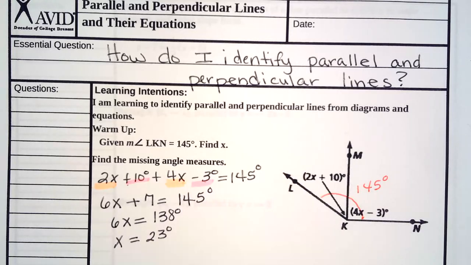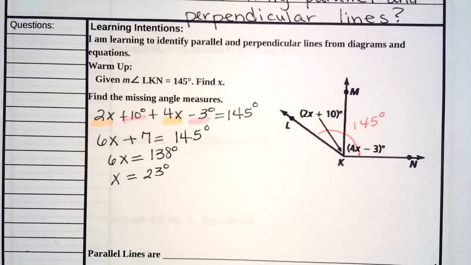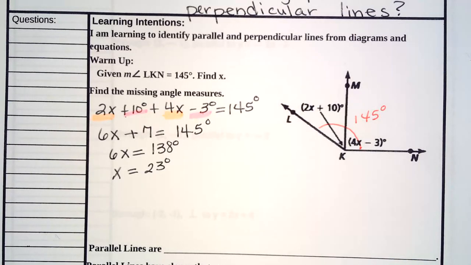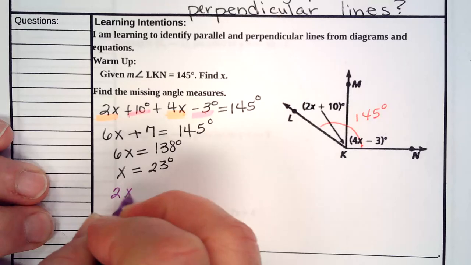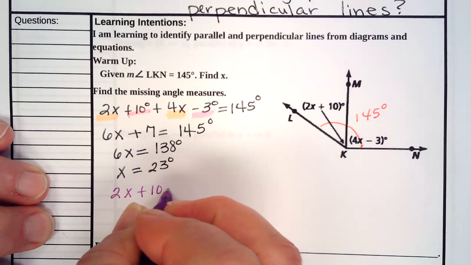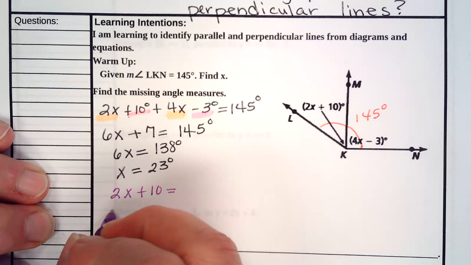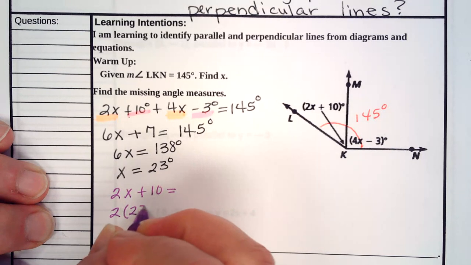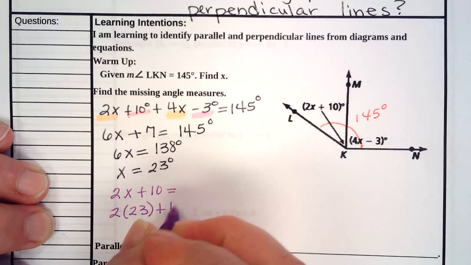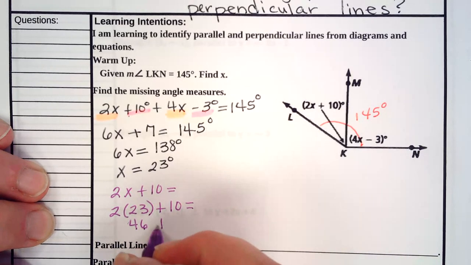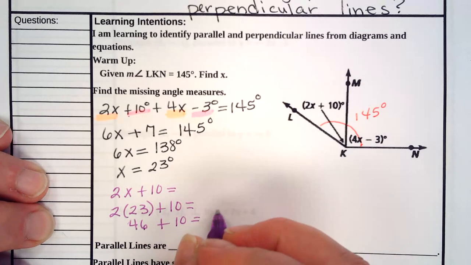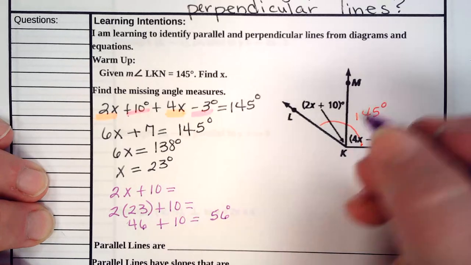Okay, now I know what x is. I have to use substitution to find my two angle measures. 2x plus 10 is equal to 2 times 23 plus 10, which is equal to 46 plus 10, which is equal to 56 degrees.